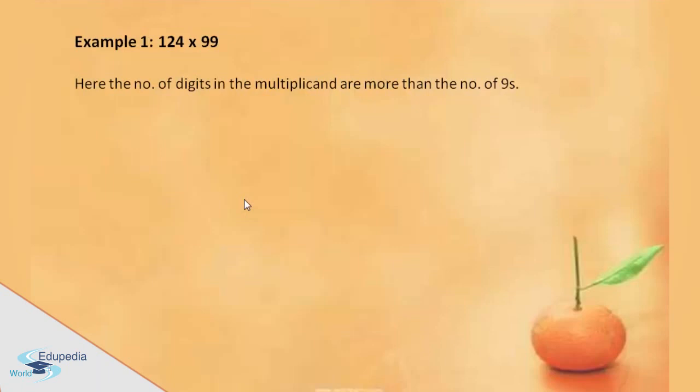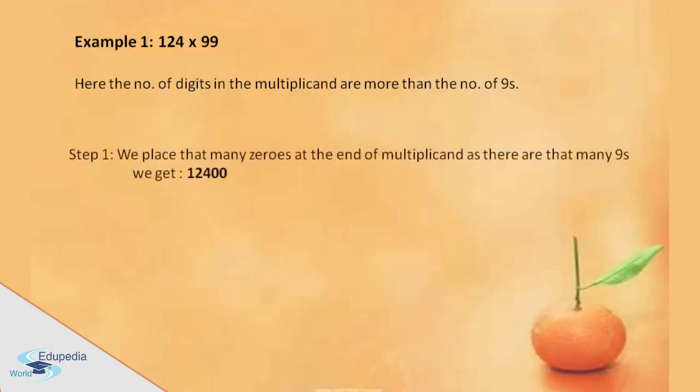Now step number 1 of the case number 3 shortcut says that we have to put that many zeros at the end of the multiplicand as there are 9s in the series of 9s. Since here we have two 9s, I am keeping two zeros at the right side of the multiplicand, that is 124. Now it becomes 12,400.